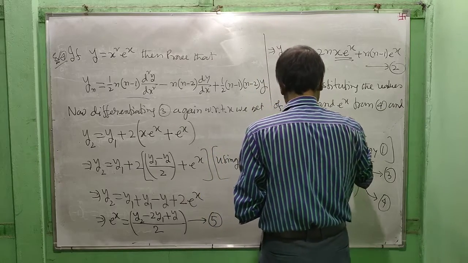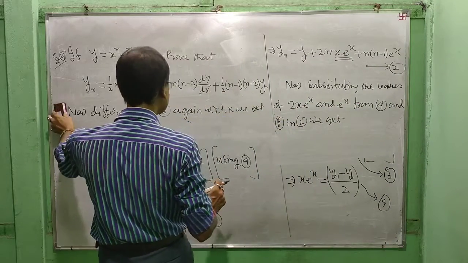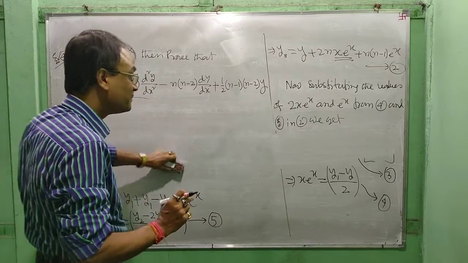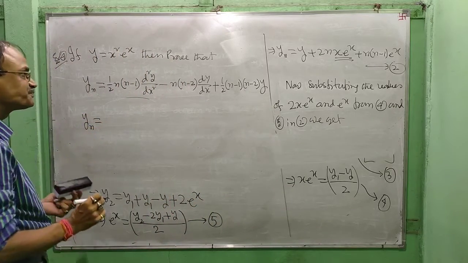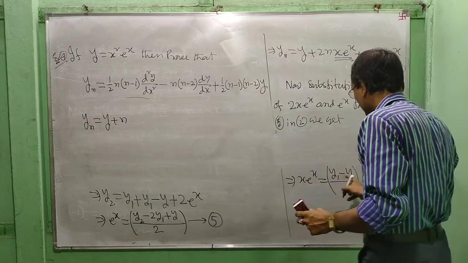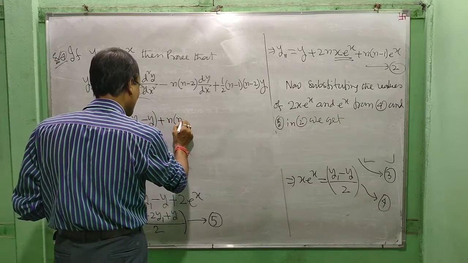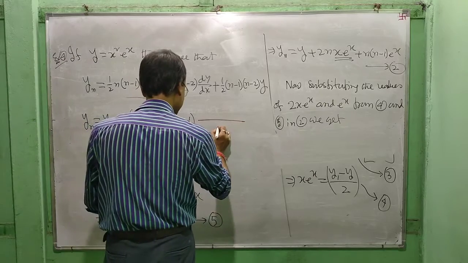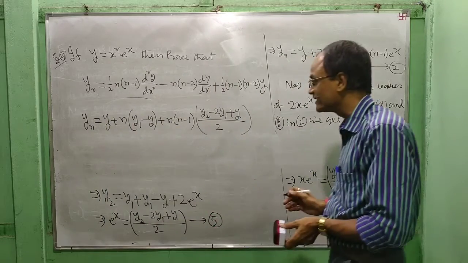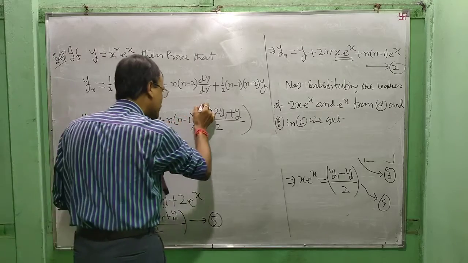We get y_n equal to y plus n times (y_1 minus y) plus n into (n minus 1) times (y_2 minus 2 y_1 plus y) divided by 2. Now first write the coefficient of y_2.